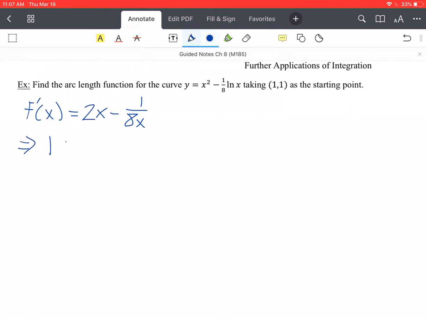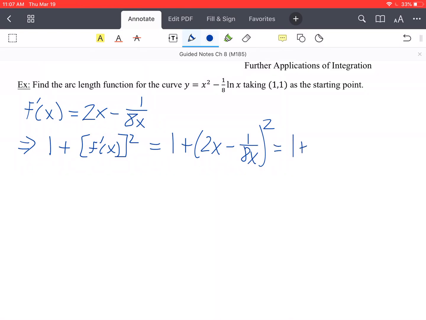Then for our formula, 1 plus f prime of x squared is going to be 1 plus 2x minus 1 over 8x, squared. If we FOIL that out, we get 1 plus 4x squared minus 1/2 plus 1 over 64x squared.